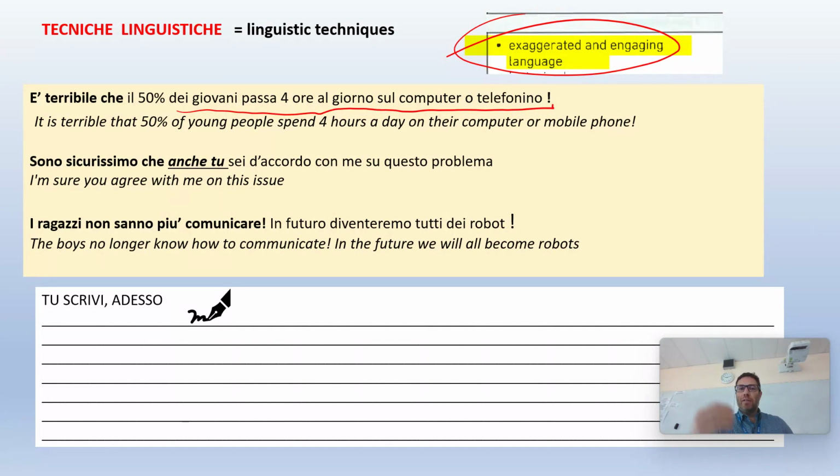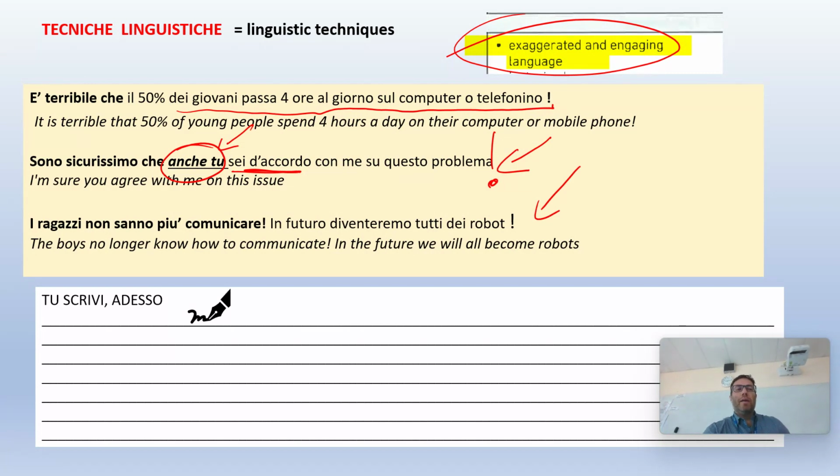Pretty dramatic, exclamation mark, and then look at this second example, how you bring it into the conversation. Sono sicurissimo che anche tu sei d'accordo con me su questo problema! So you're trying to engage with the audience, which in this case is your friend.